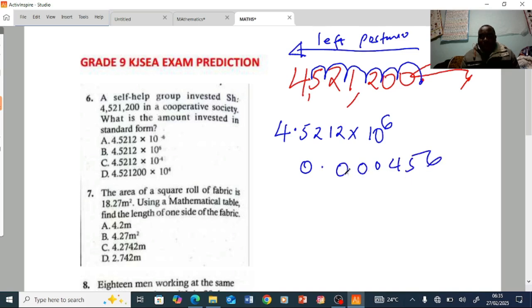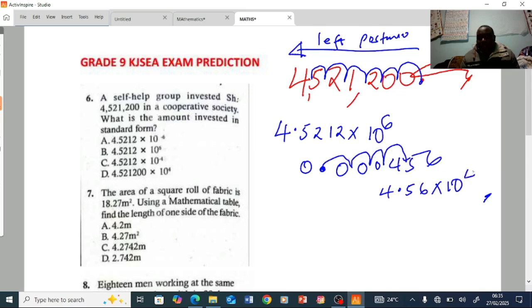Suppose we had 0.000456, the decimal point is here. We will be looking for the number between 1 and 9 to the right. So we look at 1, 2, 3, and get it here. So we will have 4.56 times 10 to the power. How many steps? 1, 2, 3, 4.